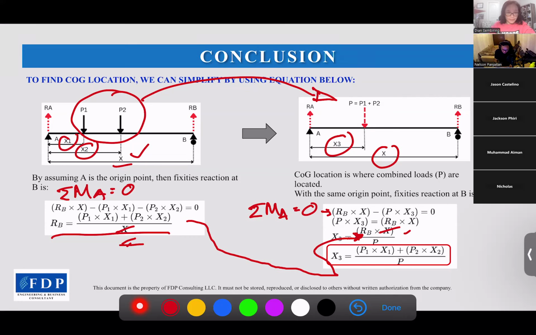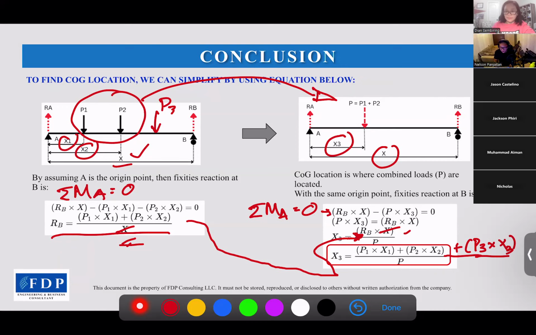That's all. If we have another force P3 here, for example, then we can add P3 times x3 here. If we have four forces, then we can add another force P4 times x4, like that.